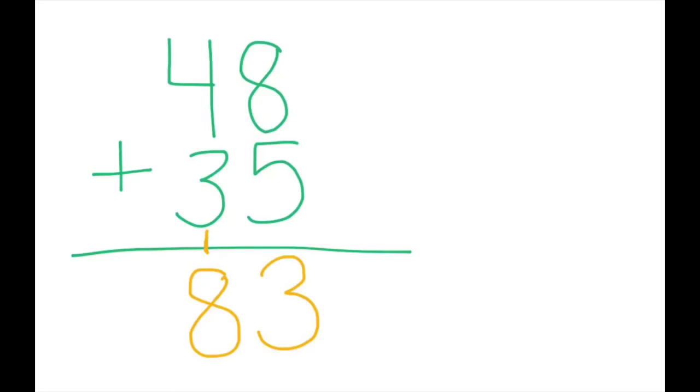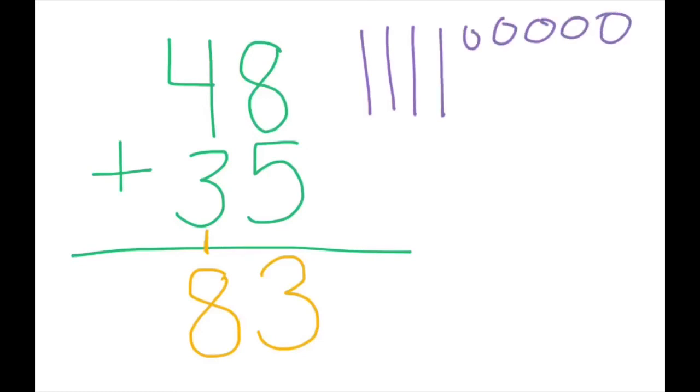Boys and girls, I want you to try this strategy of adding a new 10 below when you do your work today. Now, if you still have to draw out your 10 sticks and your ones to solve these problems, no problem.